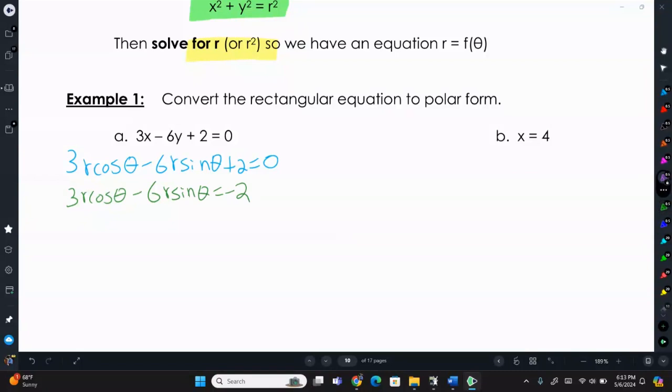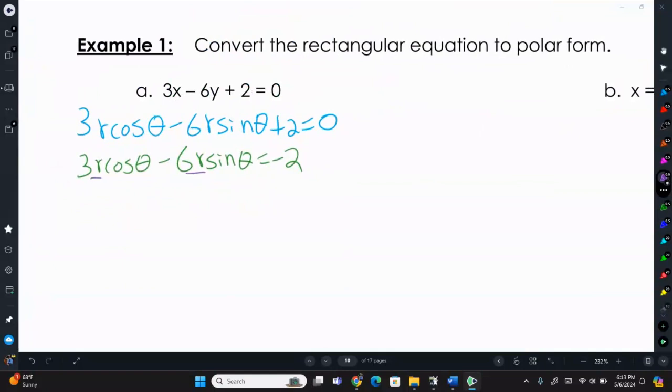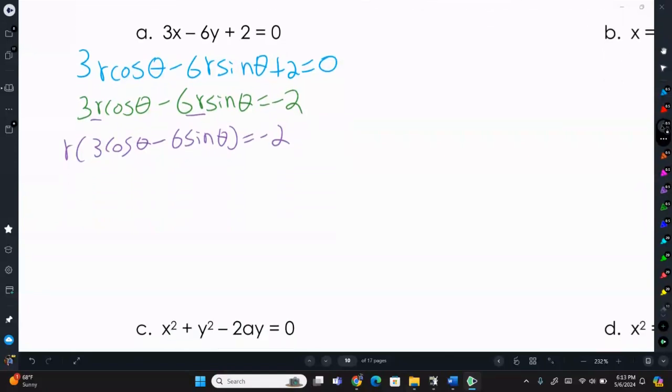And now we can factor out an r because both terms have an r in them. So r times 3 cosine theta minus 6 sine theta equals negative 2. Okay, and then to get r by itself, we'll divide both sides by what's in the parentheses, 3 cosine theta minus 6 sine theta.